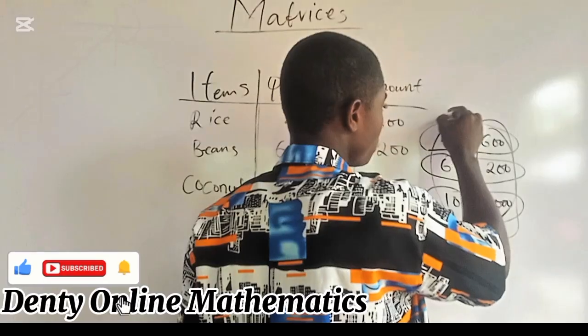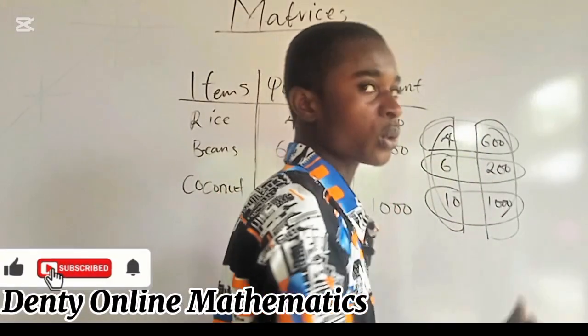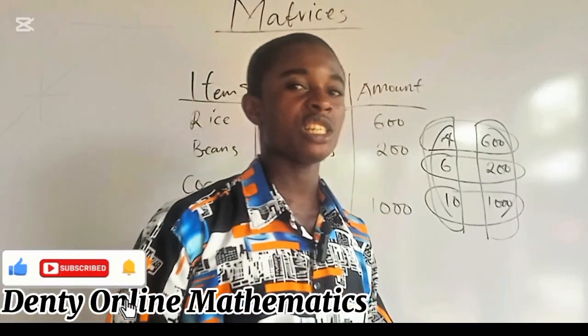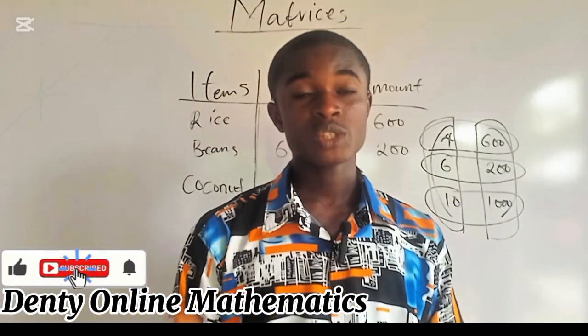So these are the columns, while these are the rows. And this is just the simple way of representing matrix problems.